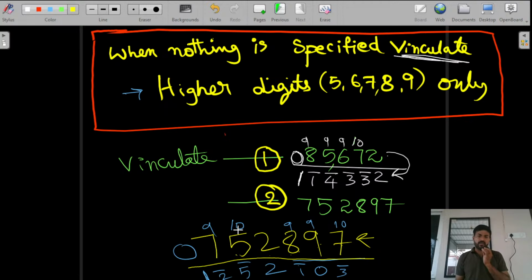Restart means all from 9, last from 10. So you got a break here because of a lower digit, remember that. So you have to restart again. This is one part of vinculation, and this is another. So you are doing the vinculation process on parts. Okay, 1 minute.